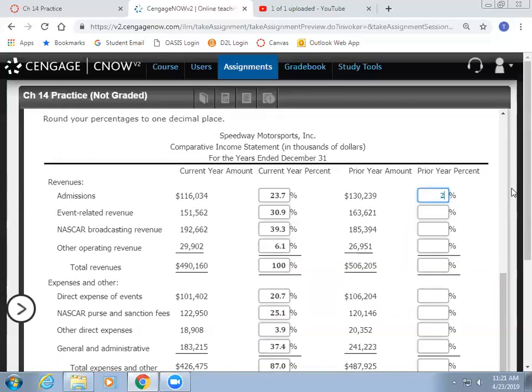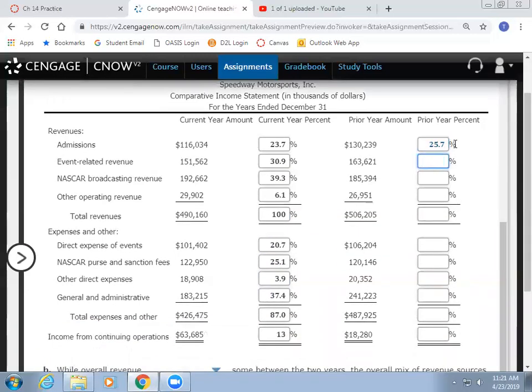25.7 for admissions. Event related would be 32.3. NASCAR would be 36.7. Other, 5.3. Again, total revenues, 100%.